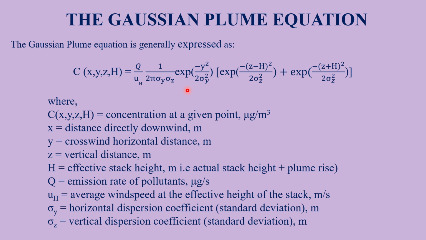Now to calculate this capital H, that is effective stack height, del H, the plume rise estimation, is a must. Without the estimation of plume rise, we also cannot estimate UH, the wind speed at effective stack height.